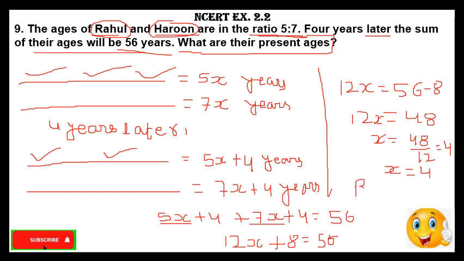So for Rahul, the age we have is 20 years, and for Harun we have the age to be 7 times 4, that is 28 years. So this is how you need to solve question number 9.